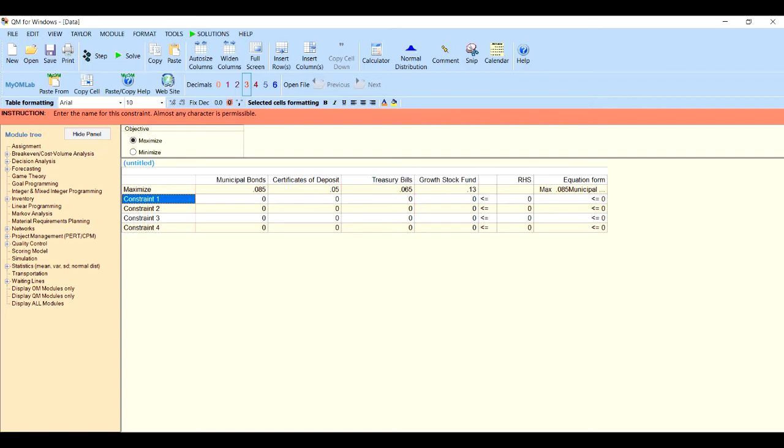Now our second constraint is a little more complicated. Our second constraint is that the amount invested in certificates of deposit should not exceed the amount invested in the other 3 alternatives. So that means X2 must be less than or equal to X1 plus X3 plus X4.